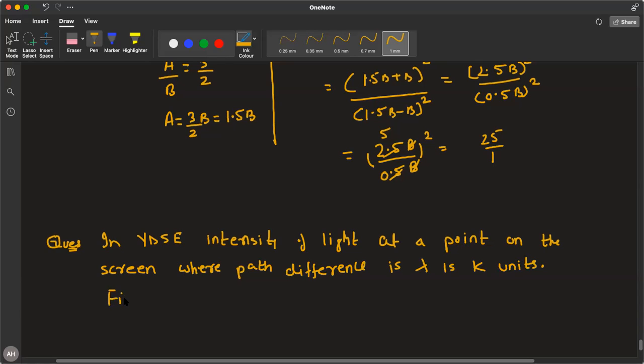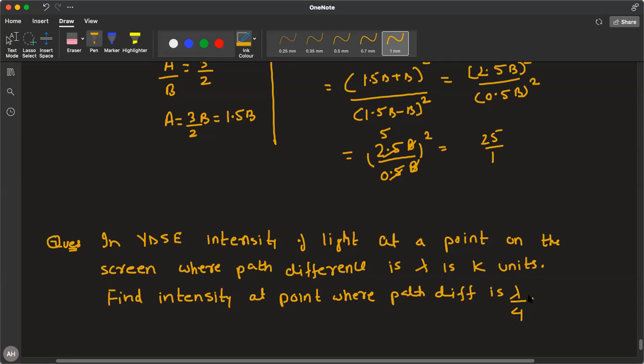Find the intensity at a point where path difference is lambda by 4. Do it.